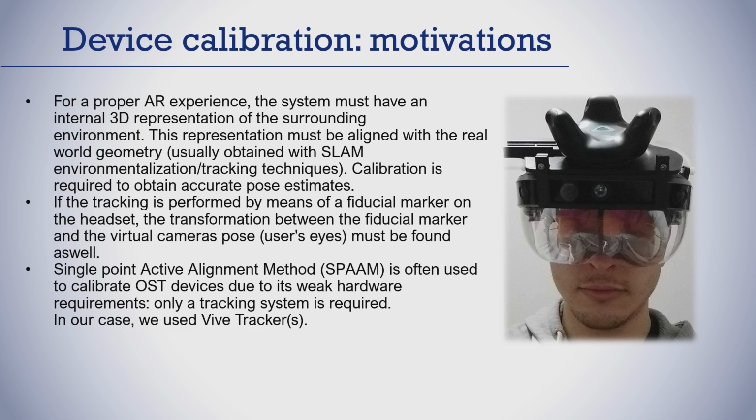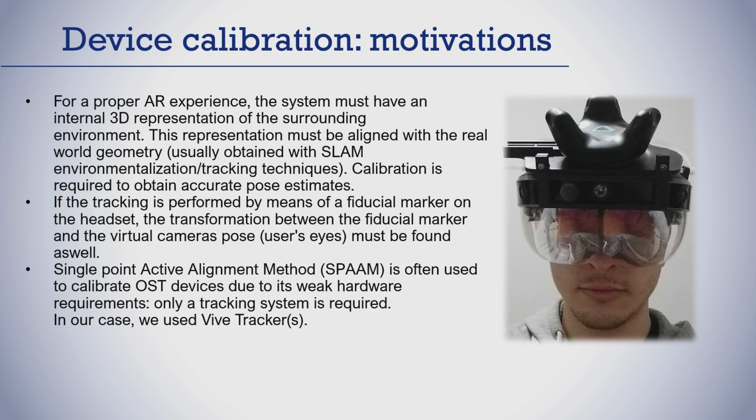Also, in real time, the system must be able to compute the pose of the virtual camera to know what to render in your view. If the system is not properly calibrated, the pose estimation of the virtual camera is not providing a good 3D position, a good pose for rendering the correct imagery.